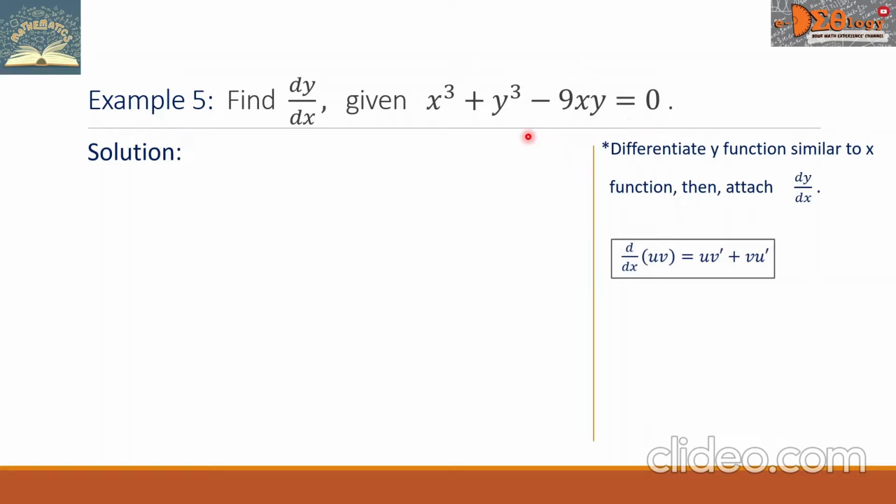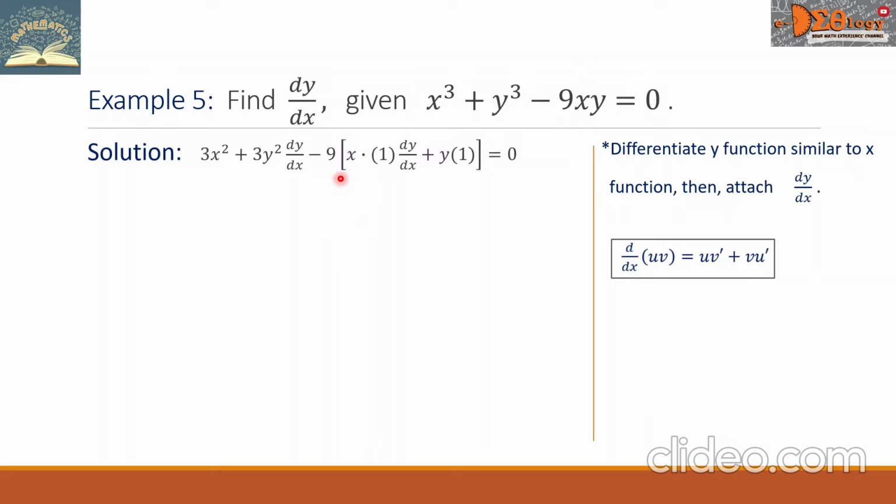So let's begin the differentiation. Derivative of x cubed is 3x squared. Derivative of y cubed is 3y squared times dy over dx. For this negative 9xy, first we will put the constant negative 9 outside.